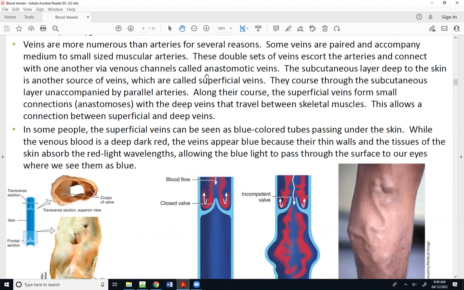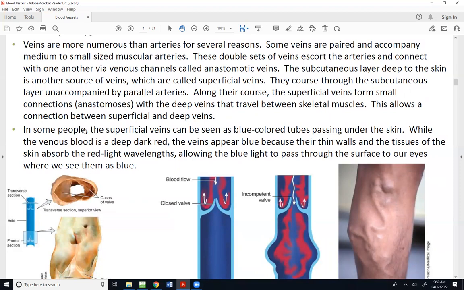There's that same word that we just talked about a couple slides ago, anastomoses. The subcutaneous layer deep to the skin is another source of veins. We call these superficial veins. They course through the subcutaneous layer unaccompanied by parallel arteries. Along their course, the superficial veins form small connections or anastomoses with the deep veins that travel between the skeletal muscles, allowing a connection between superficial and deep veins.